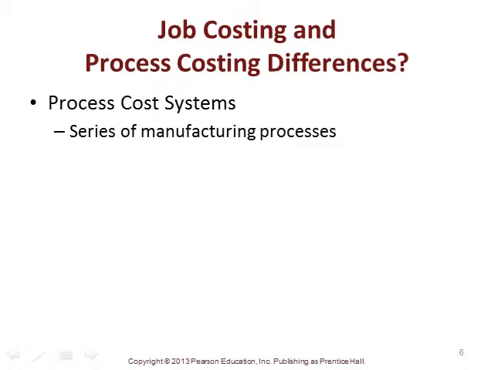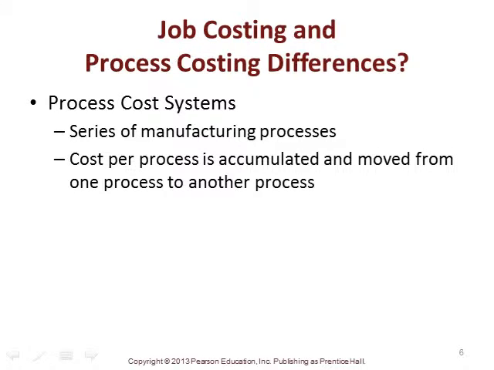Or more likely there are departments in that process that deal with assembly and then painting and then finishing and then packaging. But the point is that there's a series of processes applied to a batch of product.